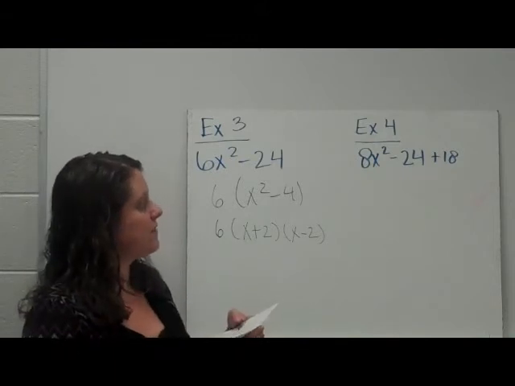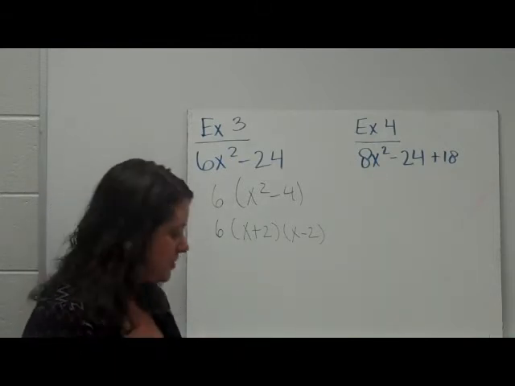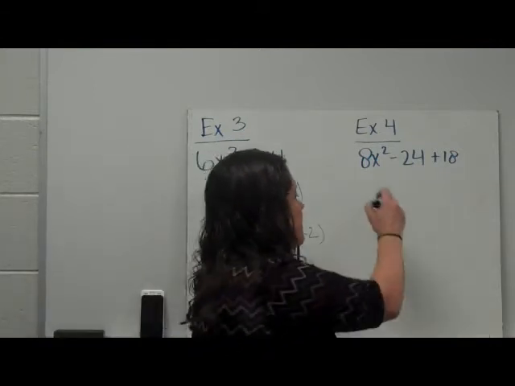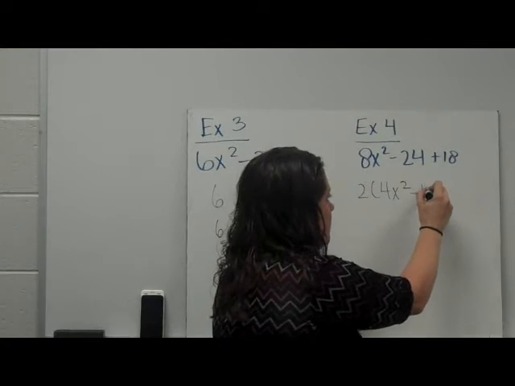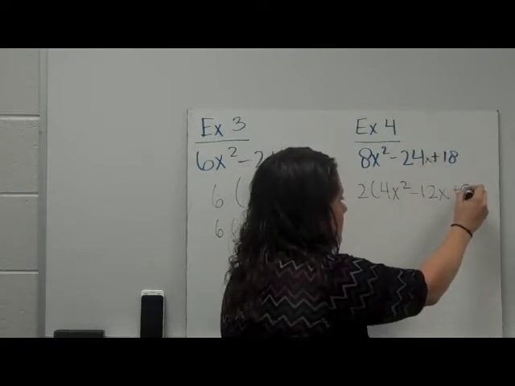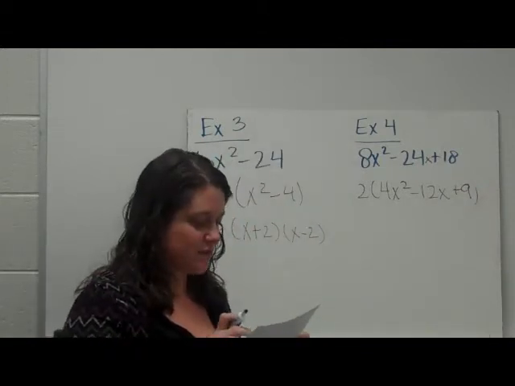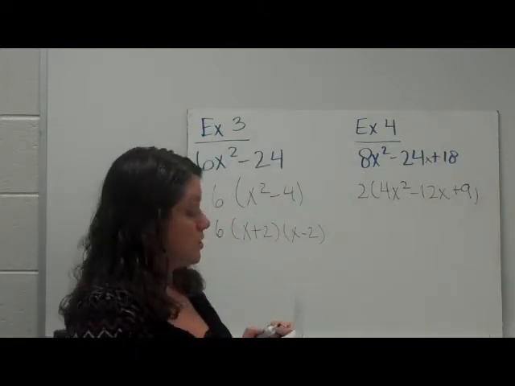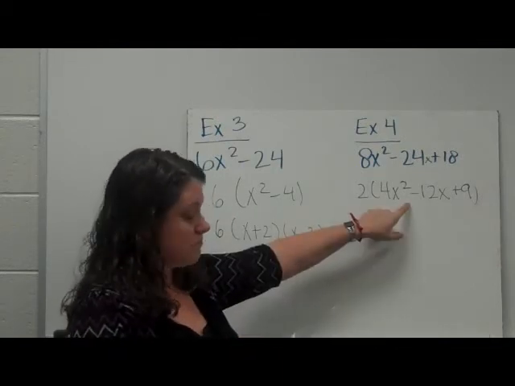Does it have a GCF? It does. 2. I can take out a 2. All right, 2 gives me 4x squared minus 12x plus 9. Okay, so I took out the GCF. What's next? Does it have 2 terms? No. Does it have 3 terms?